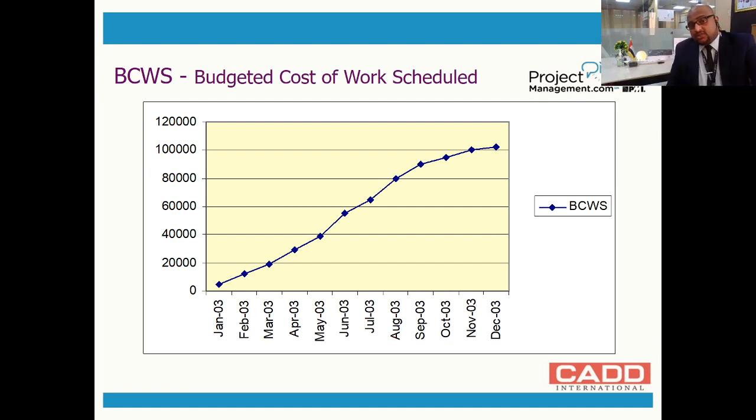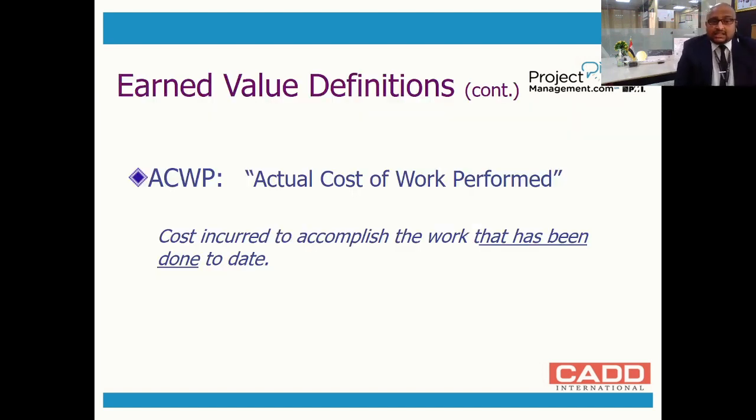Then we have the actual thing, that is actual cost of work performed. The cost incurred to accomplish the work that has been done to date. This is what actual cost of work performed, or the actual value, is all about.